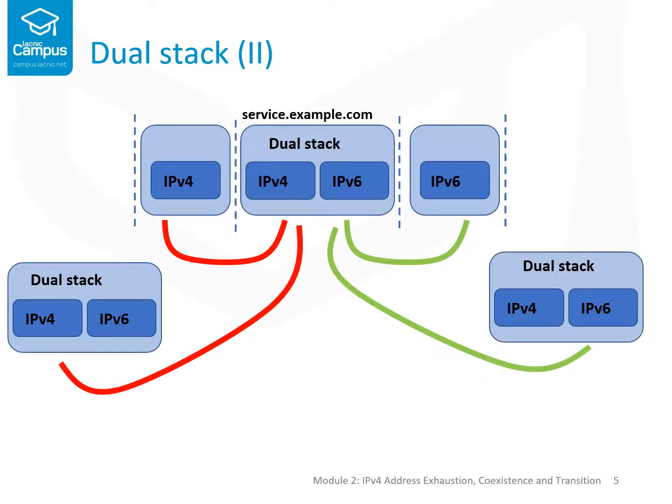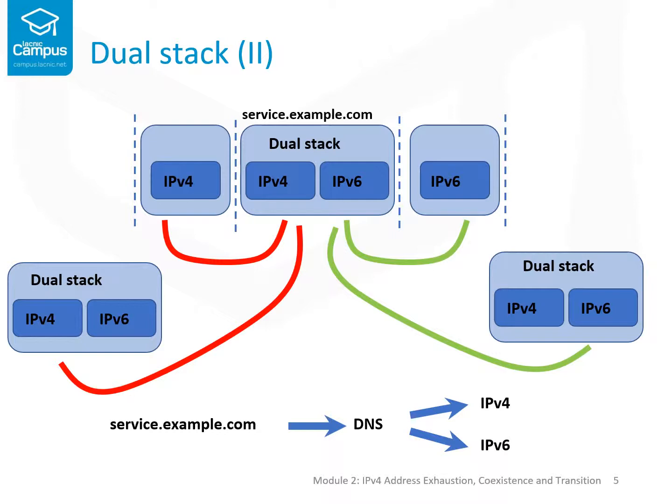As the image shows, a service available on a dual stack server, for instance service.example.com, can be accessed from any type of host, IPv4 only, IPv6 only, or dual stack, using either version of the protocol. Both the IPv4 and IPv6 addresses will be published in the DNS, and the client will decide which address to use.